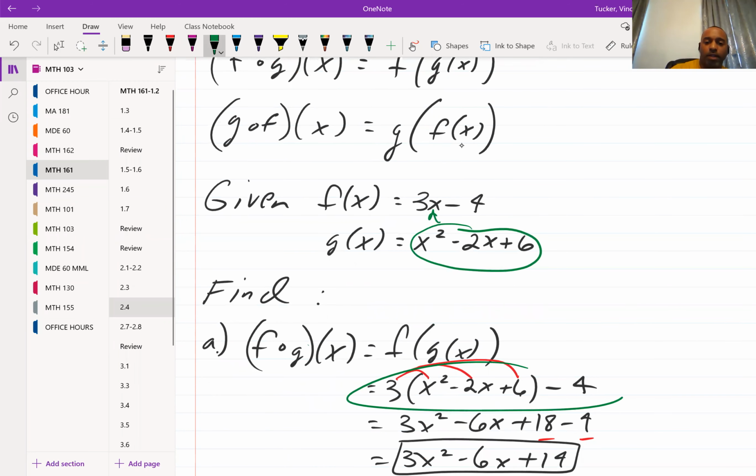And that's what we did right here. So it was 3x minus 4. So where I saw x, I put the function of g. So that's why it's 3 times x squared minus 2x plus 6 minus 4. Make sure we're okay with the substitution. We took the whole function of g of x and plugged it into f where we saw the x.